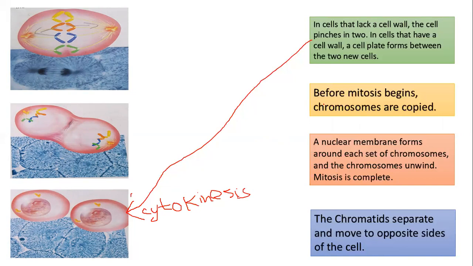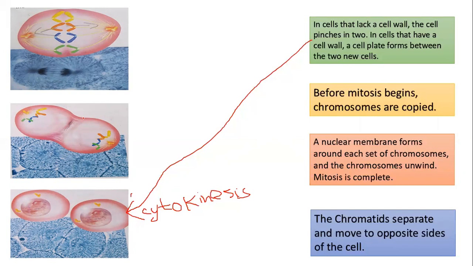Next sentence, before mitosis begins, chromosomes are copied. Is there any picture that represents this sentence? No, there is no picture for this sentence. So next sentence, a nuclear membrane forms around each set of chromosomes.